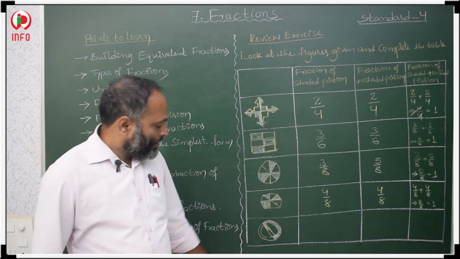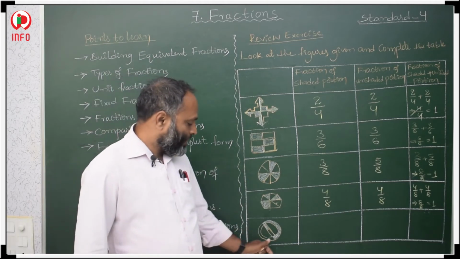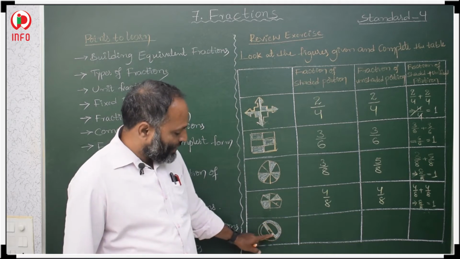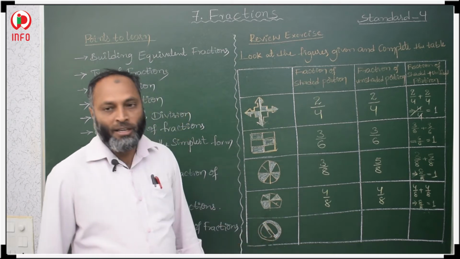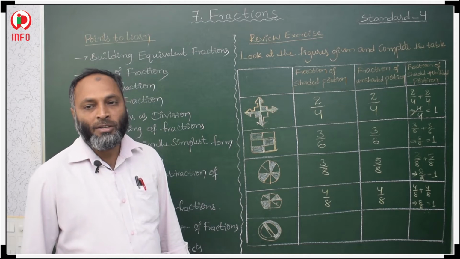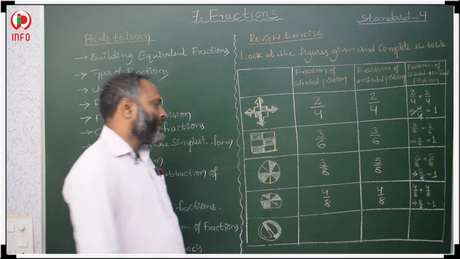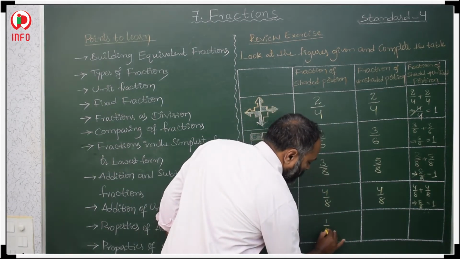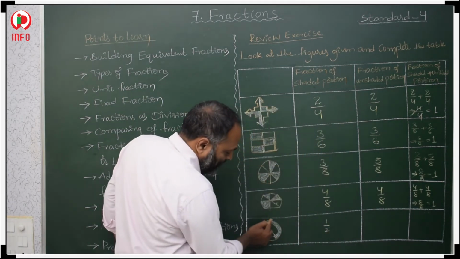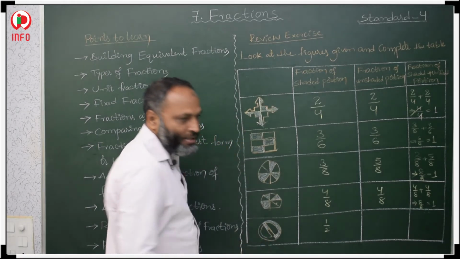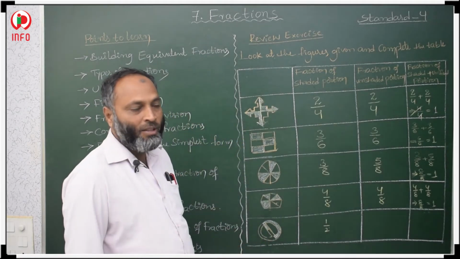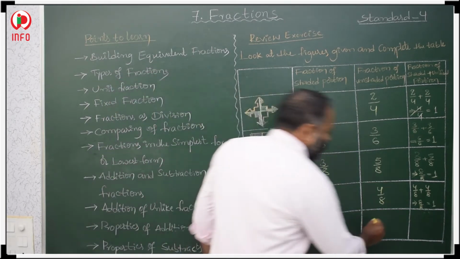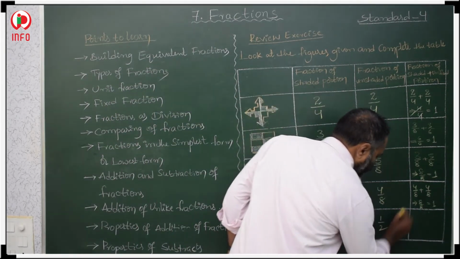Now in this picture, how much portion did we shade? Half of the portion is shaded and half of the portion is unshaded. So the shaded portion we take as 1 by 2. In total there are 2 parts, so exactly it is a half part. Out of these 2 parts, 1 part is shaded and 1 part is unshaded.